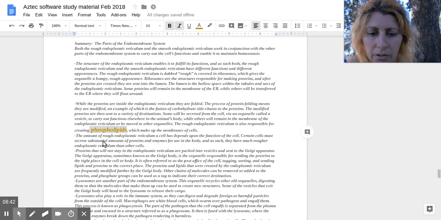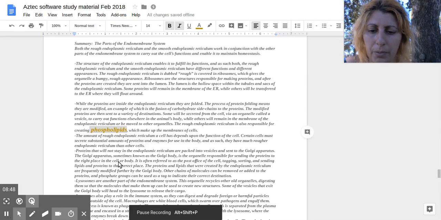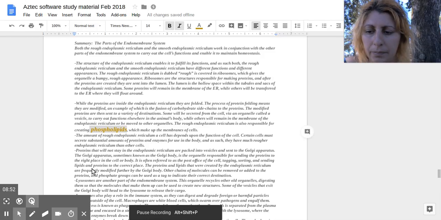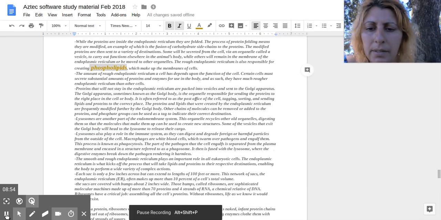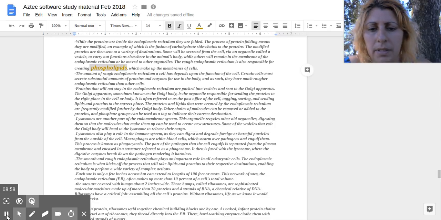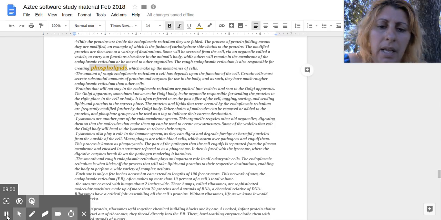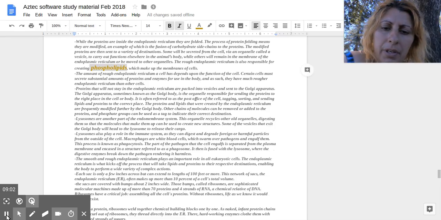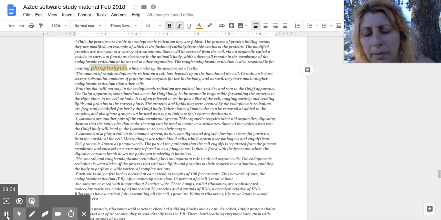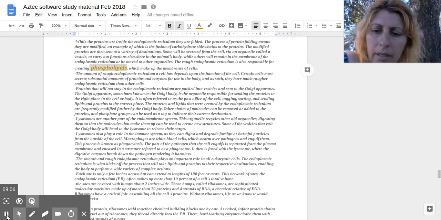Some of the vesicles that exit the Golgi body will head to the lysosome to release their cargo, or they're broken down in the lysosome. Lysosomes play a role in the immune system as well. They digest and degrade foreign or harmful particles from the outside of the cell.